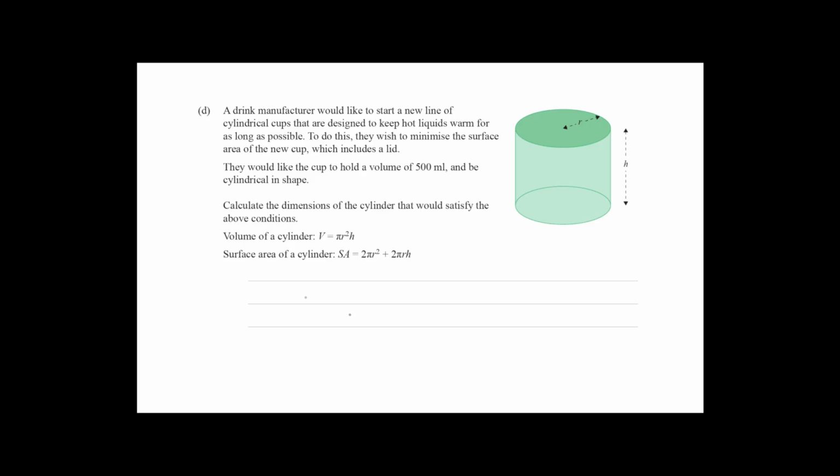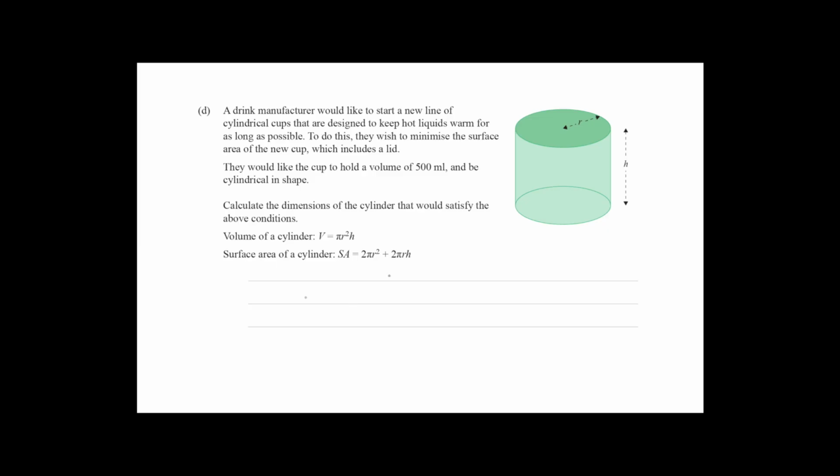So this one, by the looks of it, is going to need a lot of space, so I'm going to give myself a lot of space. A drink manufacturer would like to start a new line of cylindrical cups, okay, good for them, that are designed to keep hot liquids warm for as long as possible. Why do they give you all this information?